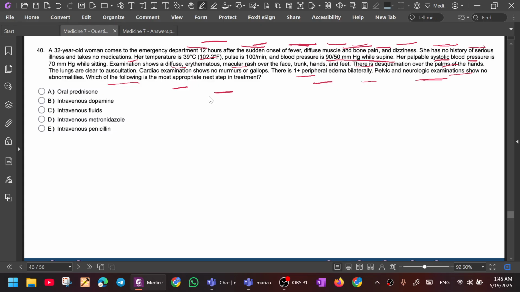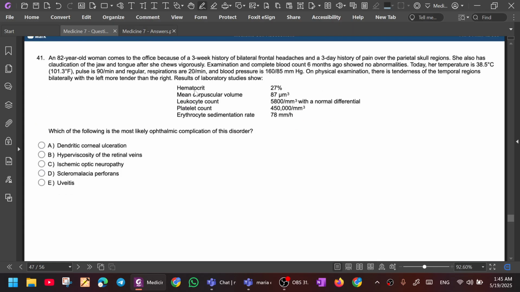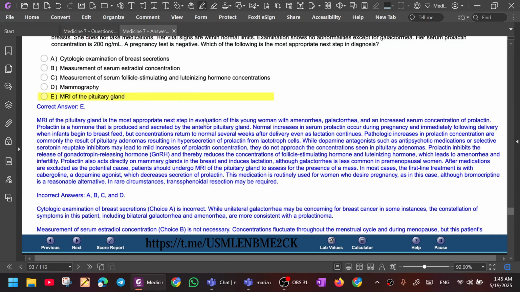It looks like septic, I don't know, maybe not. BP is low. I still think we need to give fluid first. It may be septic shock. It is some kind of shock. So desquamation, fluid.